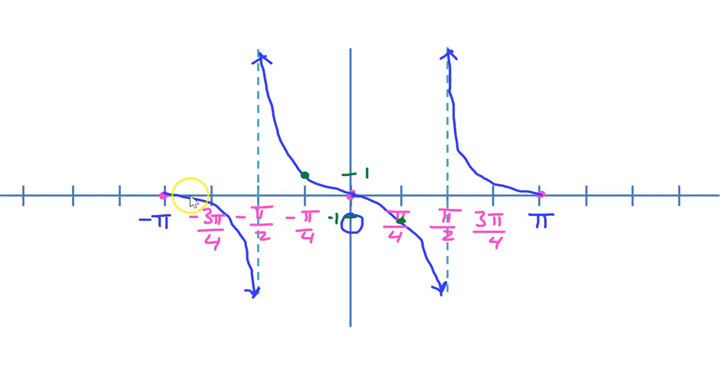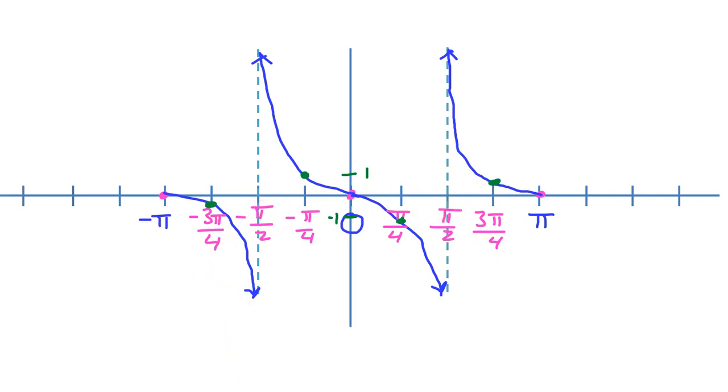And right here, halfway in between the asymptote and the intercept, this point is at -1. And over here, this point should be at +1. Okay, so that's important that we label those and include those dots on the graph.